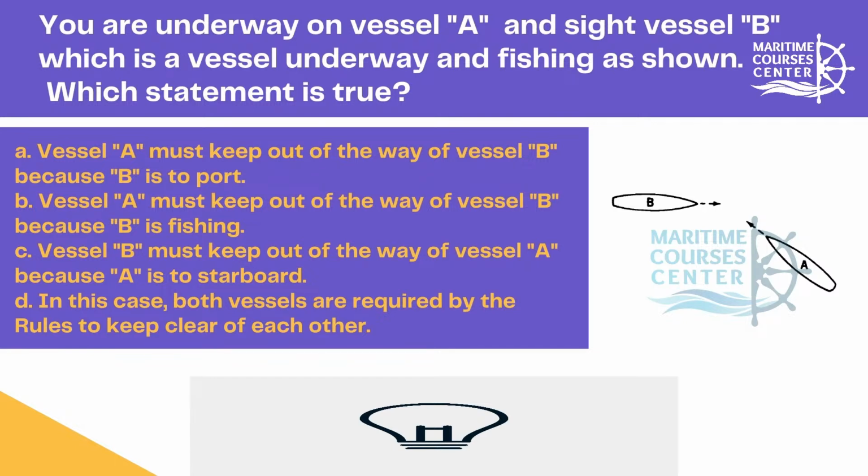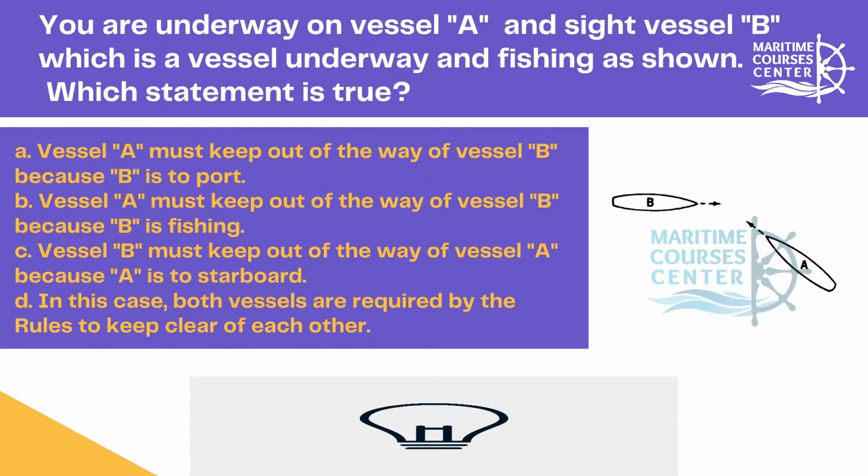A. Vessel A must keep out of the way of Vessel B because Vessel B is to port. B. Vessel A must keep out of the way of Vessel B because Vessel B is fishing. C. Vessel B must keep out of the way of Vessel A because A is to starboard.